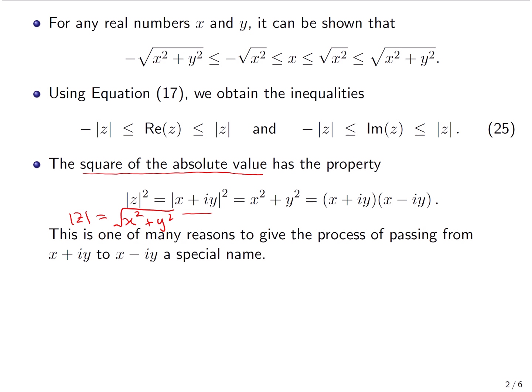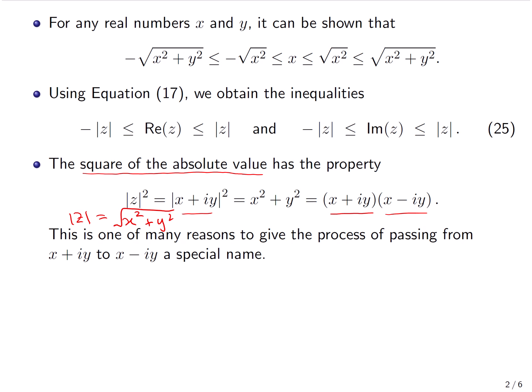The reason is that when you distribute this, you get x plus iy and x minus iy.